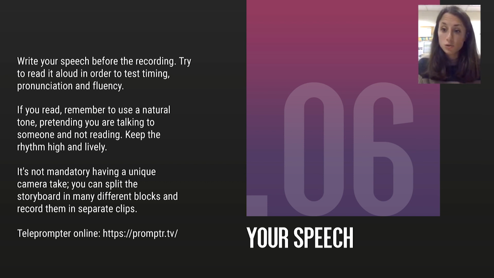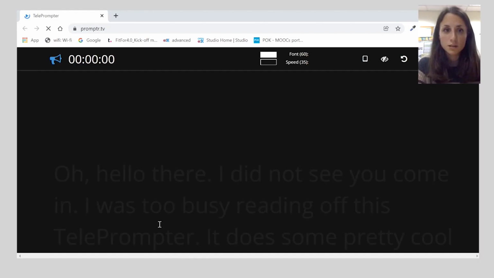And then we also suggest there are many tools online. So if you check online, you will find lots of them. I'm gonna show you now this one that is really nice.